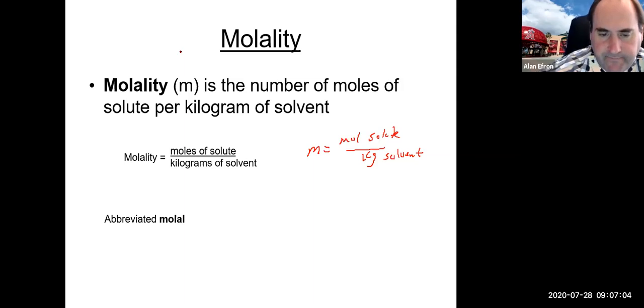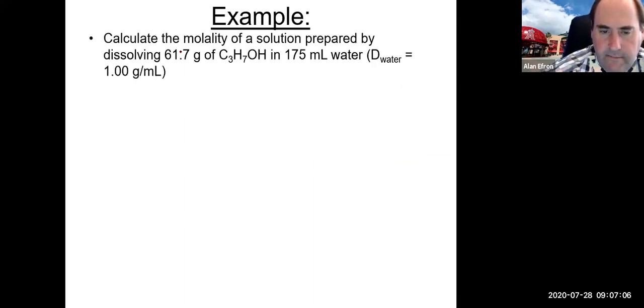And so just a reminder in terms of molality, if we wanted to do this, we want to get the moles per kilogram of solvent. So we would want the molar mass of our C3H7OH and convert the mass into moles, and divide by our water, which is our solvent, which would be 0.175 kilograms.